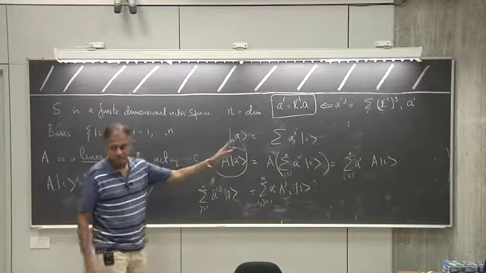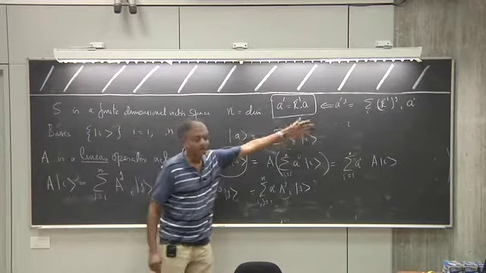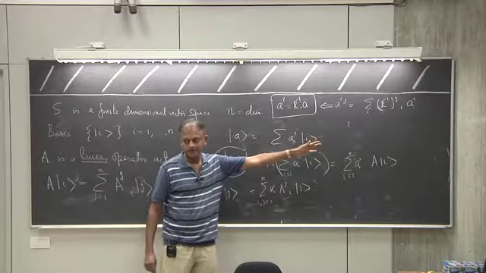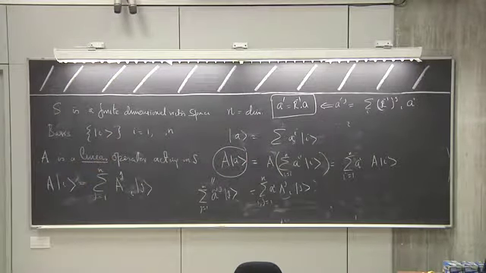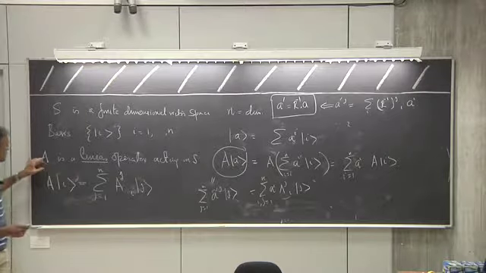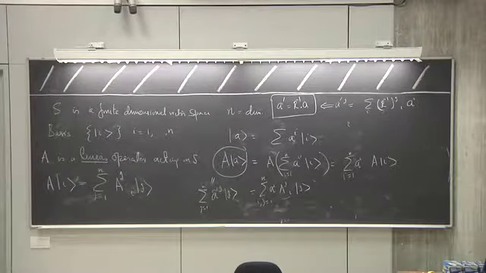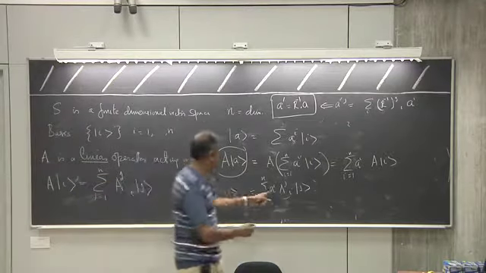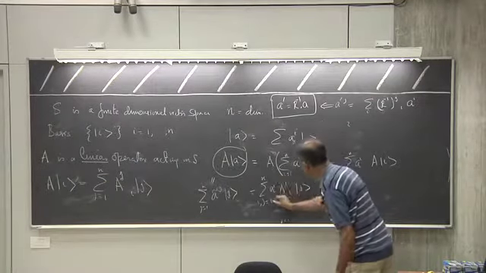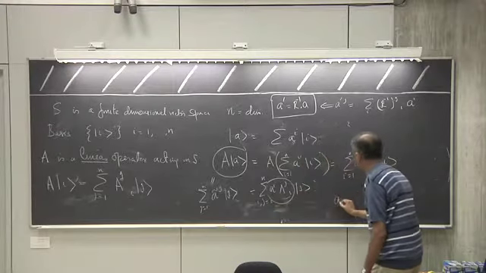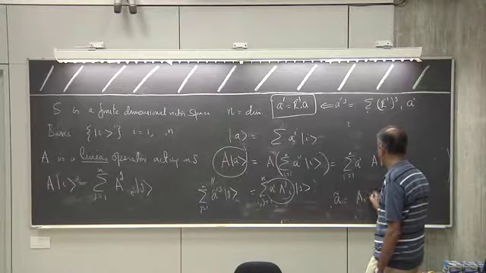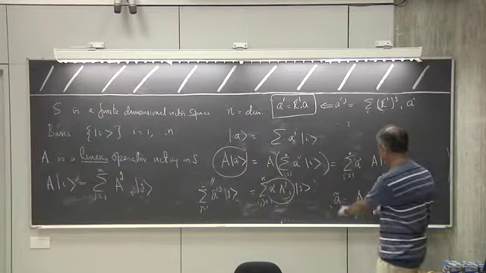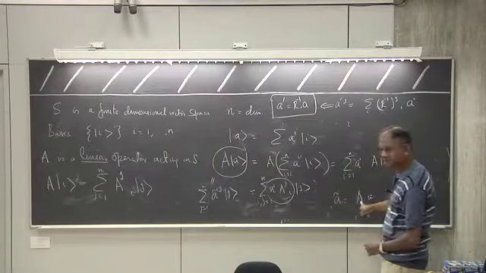Of course, we saw that when you change the basis, those numbers will transform. But nevertheless, this is isomorphic to an n column vector. In the same way, the linear operator is isomorphic to an n by n matrix. Its action is simply given, in the matrix notation, by a tilde equals A times a, where a and a tilde are column vectors, and A is the n by n matrix.